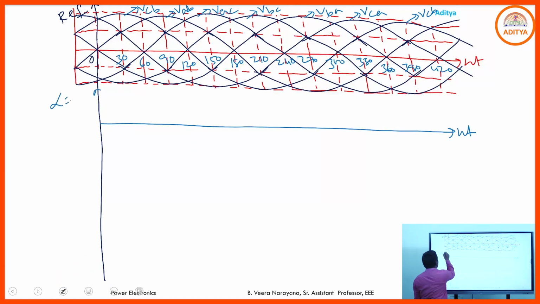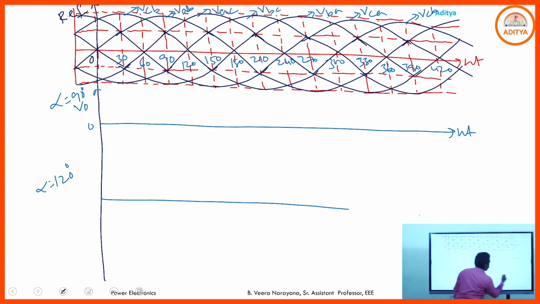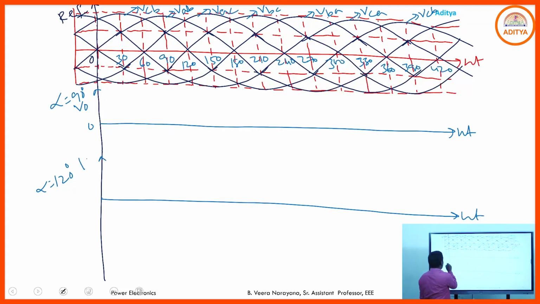For alpha is equal to 90 degrees, I draw the output voltage waveform, and for the second case, alpha is equal to 120 degrees. So for these two cases, first you draw the timing diagram. Later we will go with the output voltage waveform. So what is the timing diagram here?